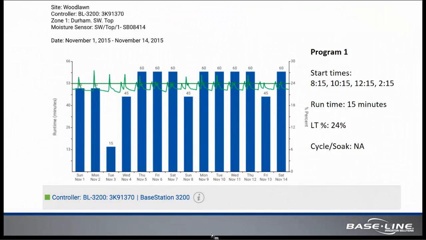And this gives an illustration of the actual irrigation cycles that occurred on the top, middle, and bottom of that green wall panel that was shown in the picture. So in program 1, which is the top of the wall, there were 4 different start times available every day, one at 8:15, 10:15, 12:15, and 2:15. The runtime was 15 minutes.